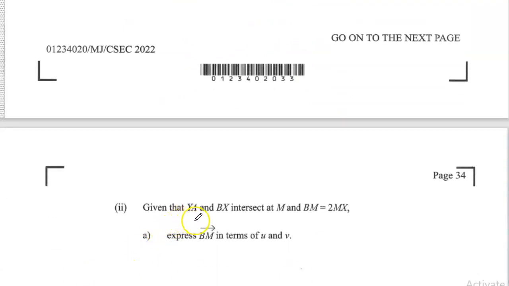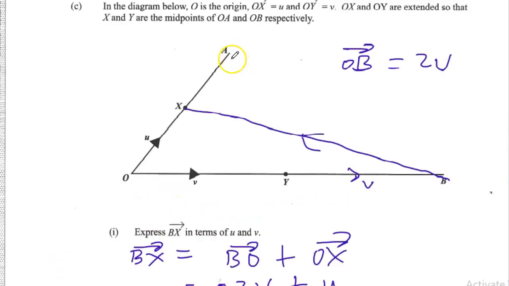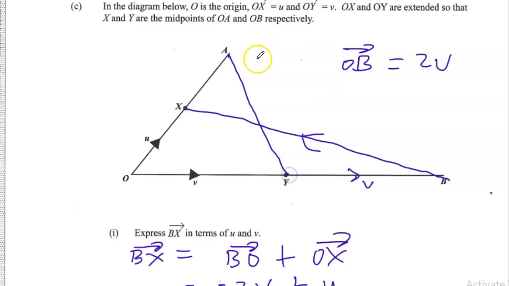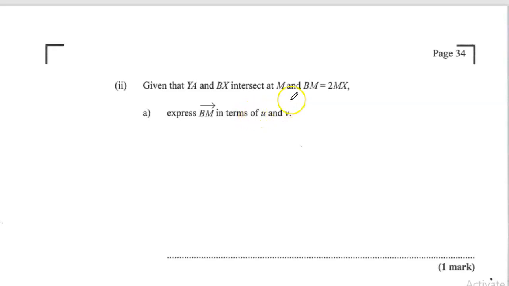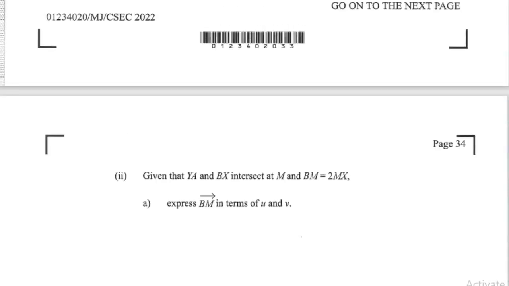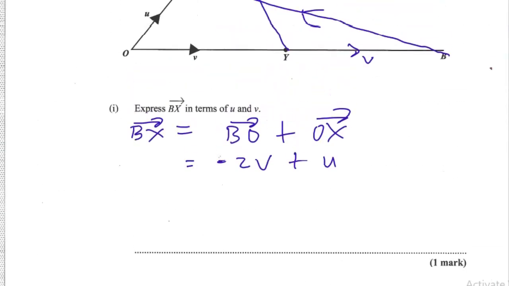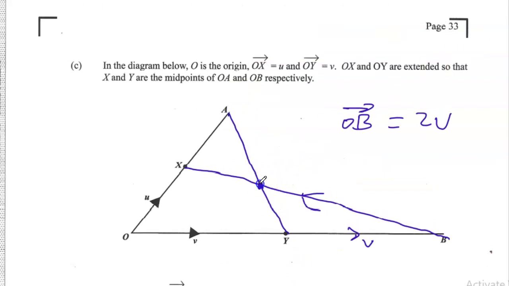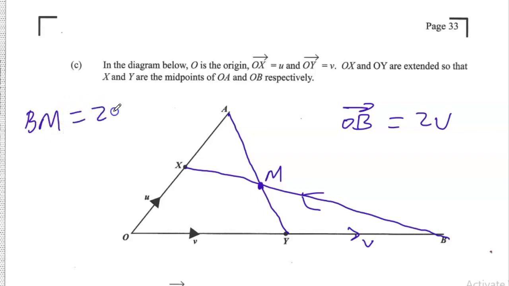We are told that YA and BX intersect at M such that BM is equal to MX.